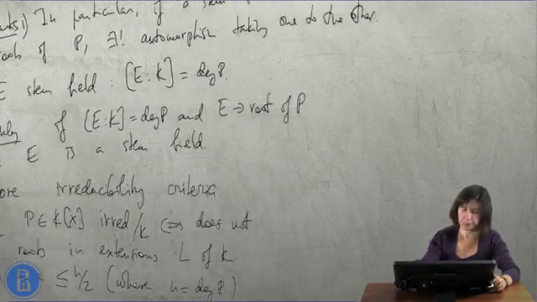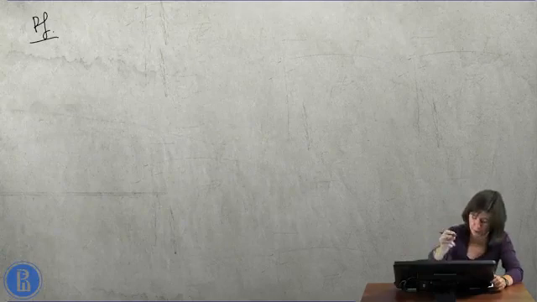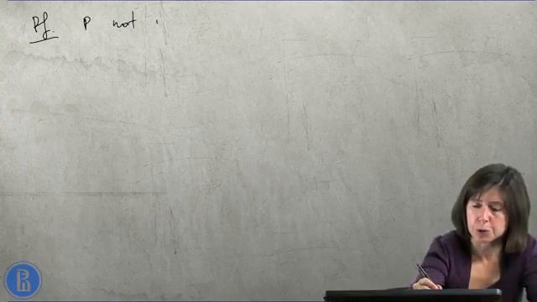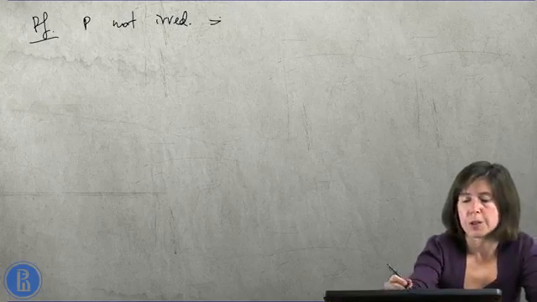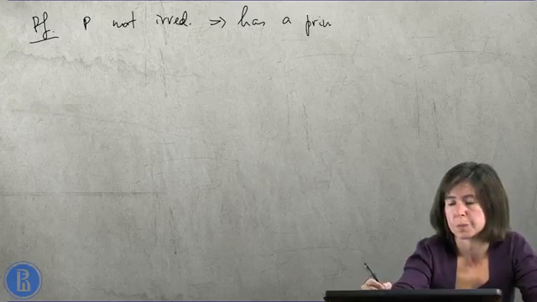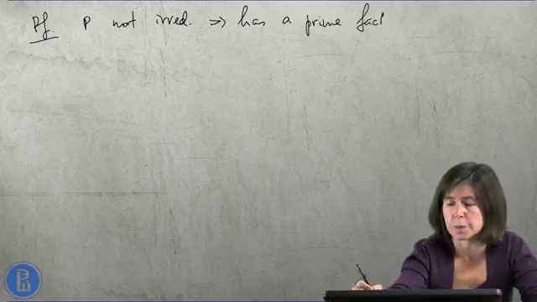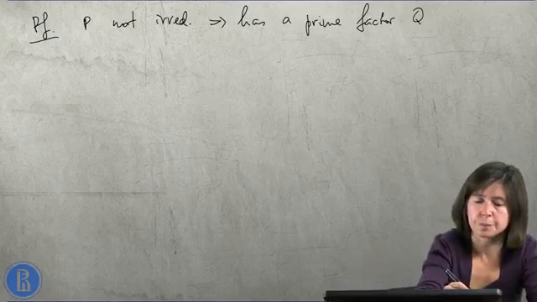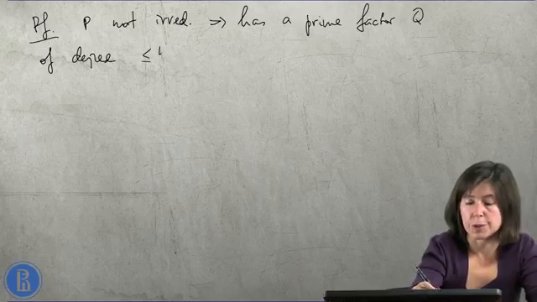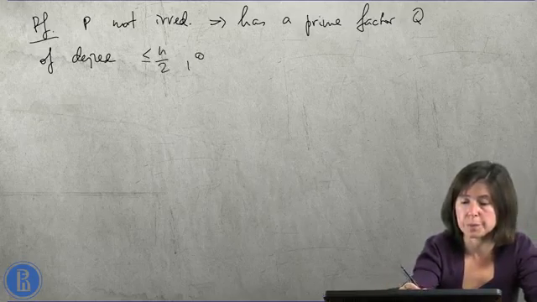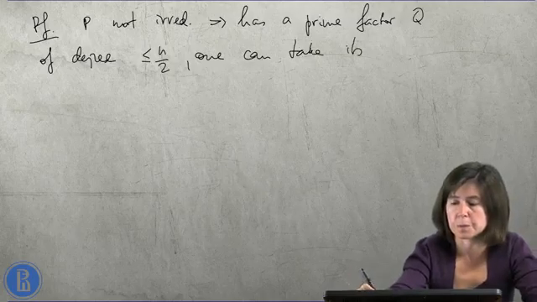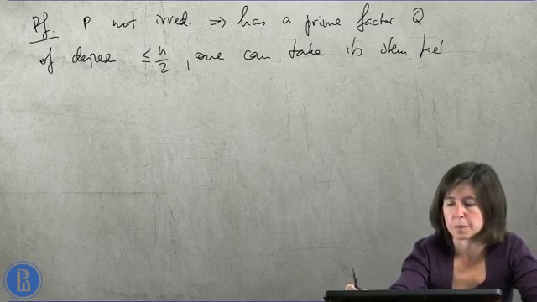It's very easy. Well, proof. Otherwise, if P is not irreducible, then it has a prime factor, irreducible factor, Q of degree less or equal than n over 2, and one can take its stem field as L.